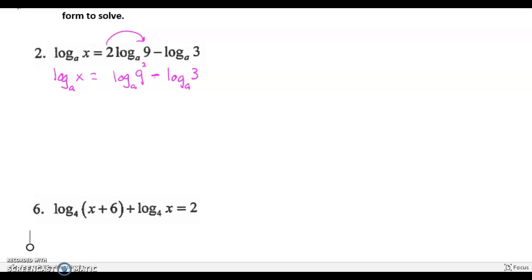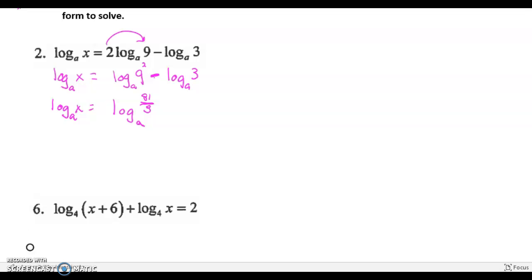All right, let's condense on the right side. So we've got log base A of x equals log base A of 81, which is 9 squared, divided by 3, because subtracting and dividing go hand in hand. So that's log base A of 81 divided by 3.